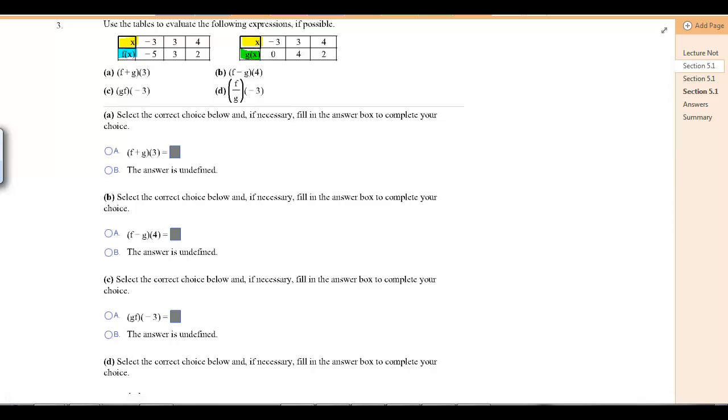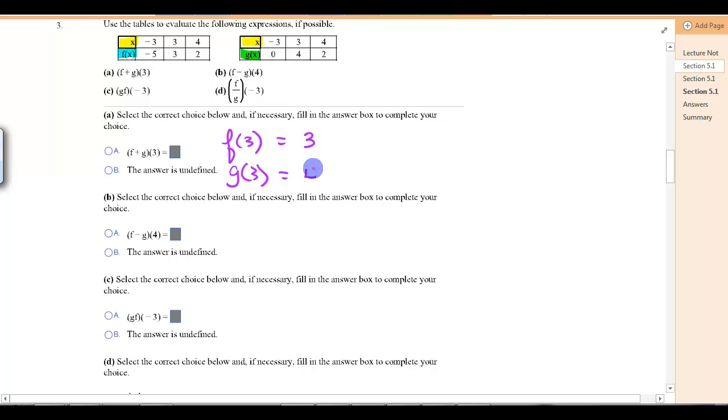If we're doing f plus g of 3, that means we need to do f of 3 and we need to do g of 3. F of 3, we go to 3 on the x, and f of 3 is 3. G of 3, we go to 3 on this x, g of 3 is 4. 3 plus 4 is 7. So that's what our answer for that would be.